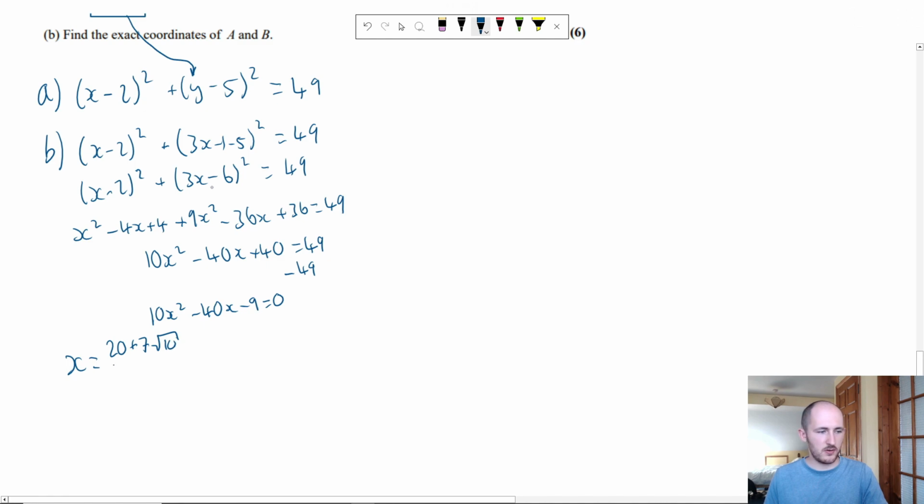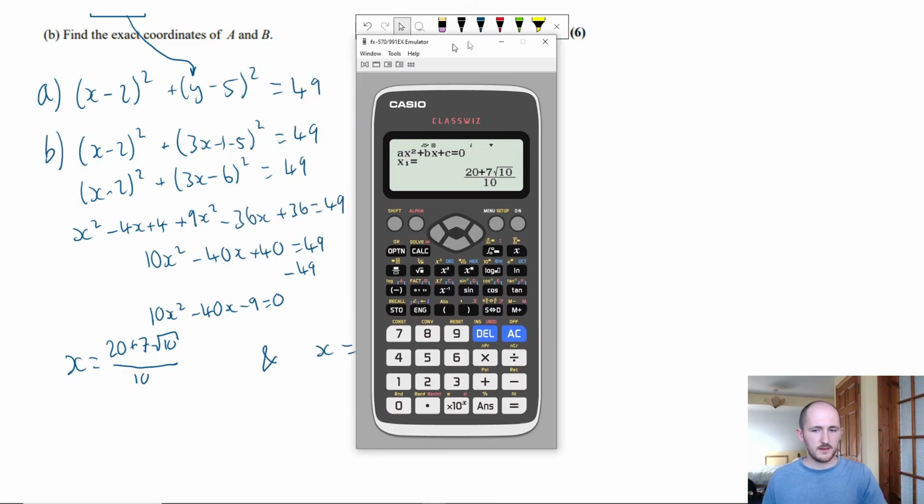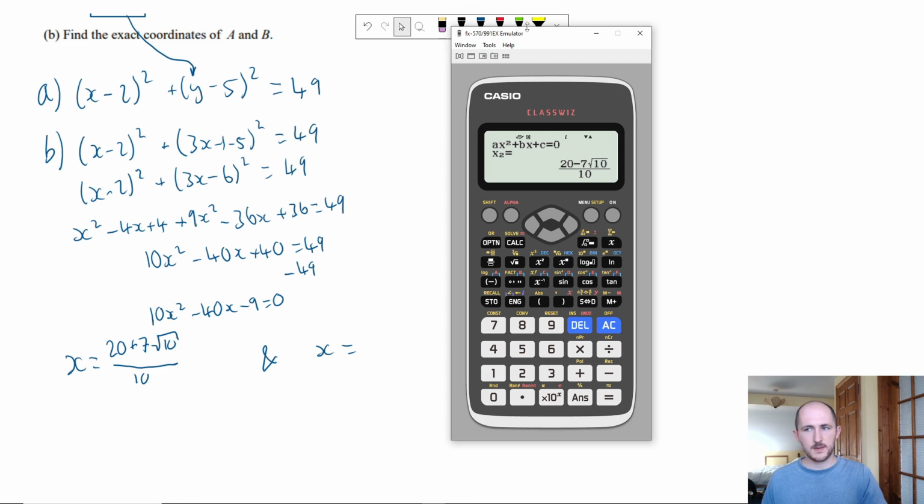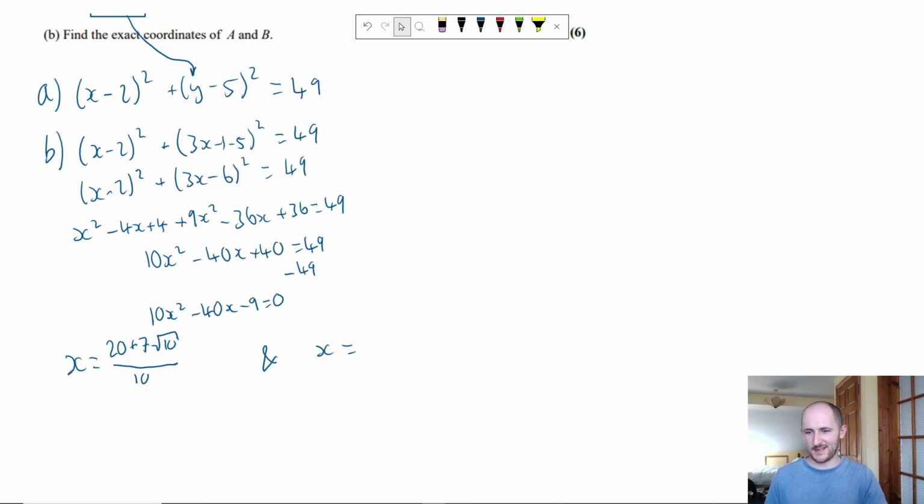And you'll find that in a lot of A-level questions you get pretty disgusting equations. Instead of or, you should technically write and because it's 2 separate coordinates. Yeah, probably didn't need to press equals to work that out, but hey ho.